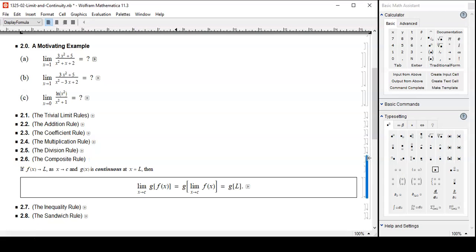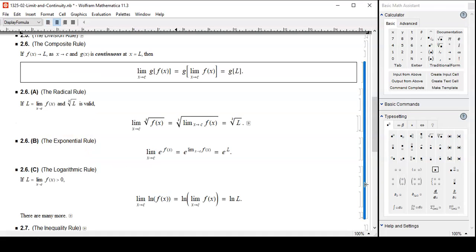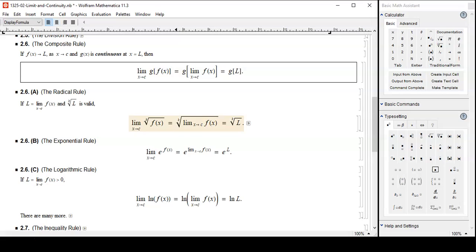Composite rule. Well, that looks a bit intimidating because we have additional function g, and that's continuous. Looking at some example problems will help. What if my g is a radical function, like square root? This rule simply says limit just goes in there so that I can just plug in.